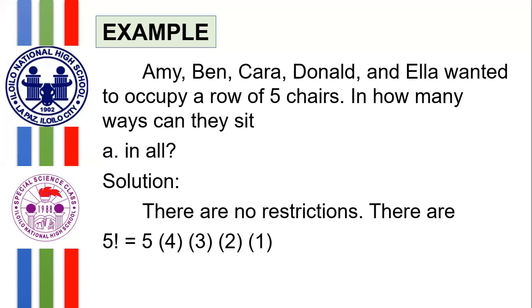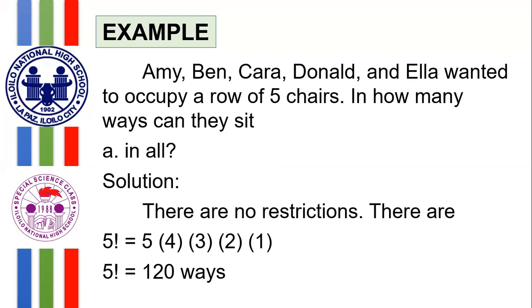Hence, that's 5 factorial ways, or 5 times 4 times 3 times 2 times 1, or 120 ways. Hence, there are 120 ways to occupy the vacant seats. All right.